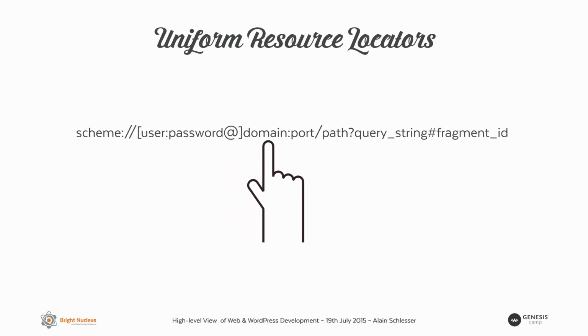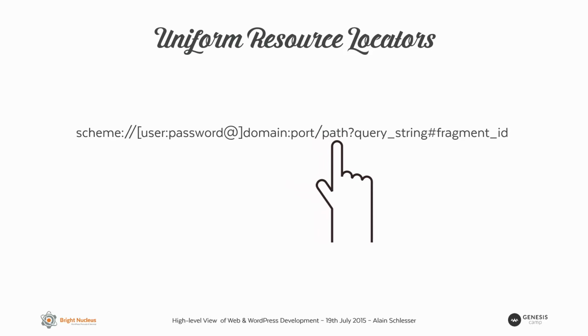Now comes the domain. This can also be an IP address. We can also add a port number to the domain. If we omit the port number, the default port for the current scheme will be used. For HTTP, this is port 80. Then follows the path. It tells the server behind the domain you're contacting what resource you're trying to get.